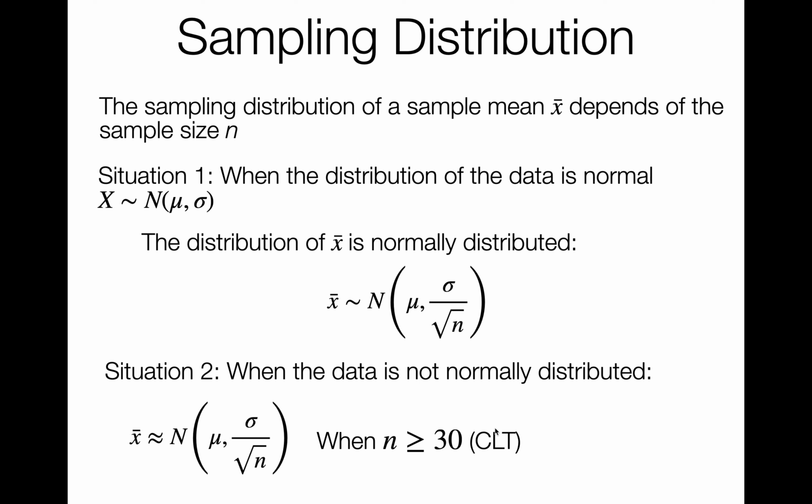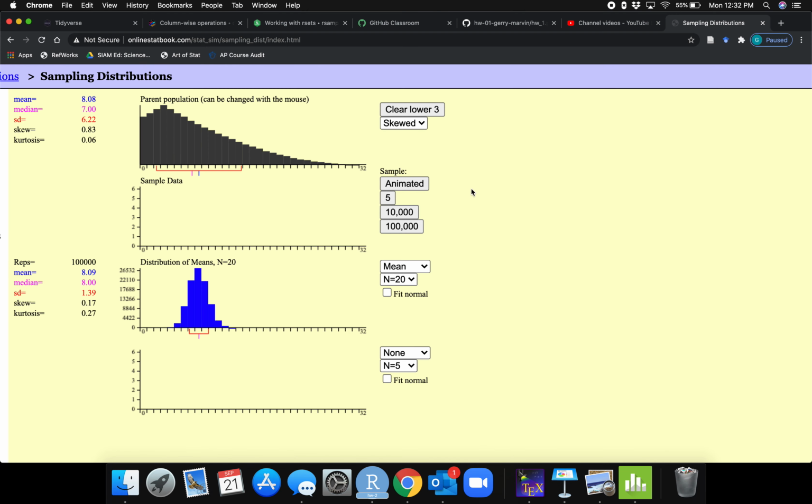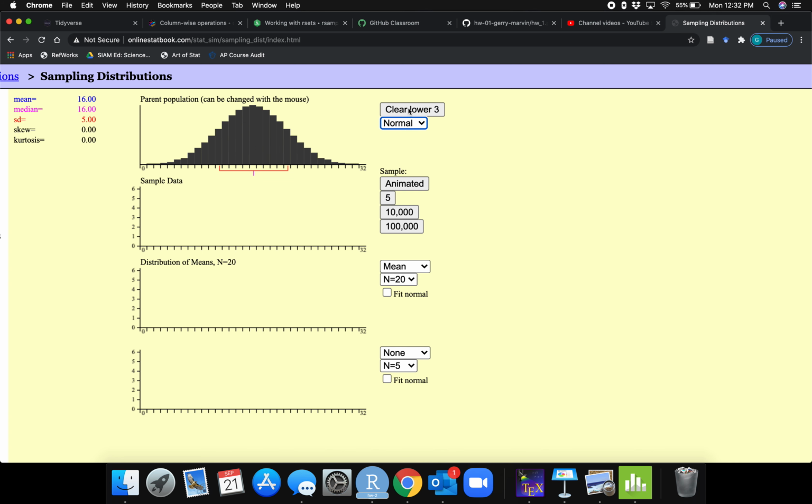So if we go back to our Rice virtual lab, and you look here, this is a sampling distribution for the sample mean. If I have a normal parent population, it does not matter what the sample size is, the distribution of the means will always be normal. So let's do that.